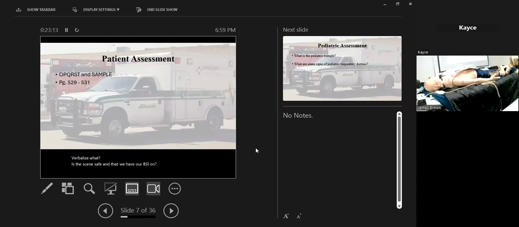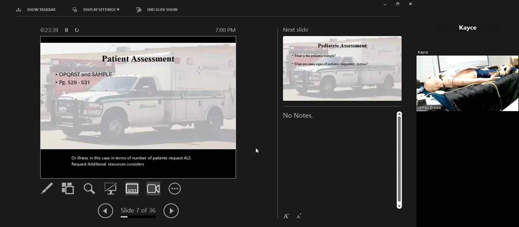Determine the scene's situation is safe. Determine the mechanism of injury or illness in this case. Determine the number of patients, request ALS. Request additional resources, consider stabilization of the spine.